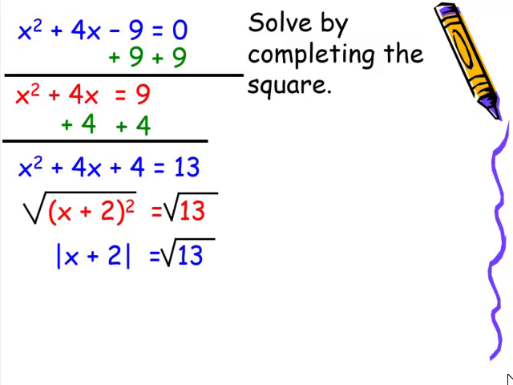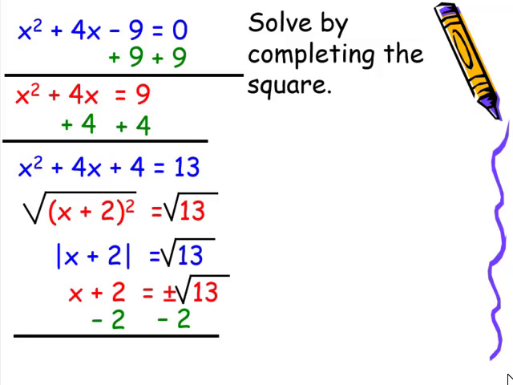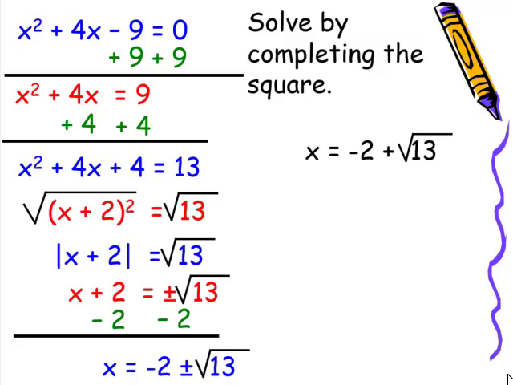So we're left with the absolute value of x plus 2 is equal to the square root of 13. That means that x plus 2 equals plus or minus the square root of 13. Subtract 2 from both sides, and we're left with x equals negative 2 plus or minus the square root of 13. Therefore, x is equal to negative 2 plus the square root of 13, or x is equal to negative 2 minus the square root of 13.